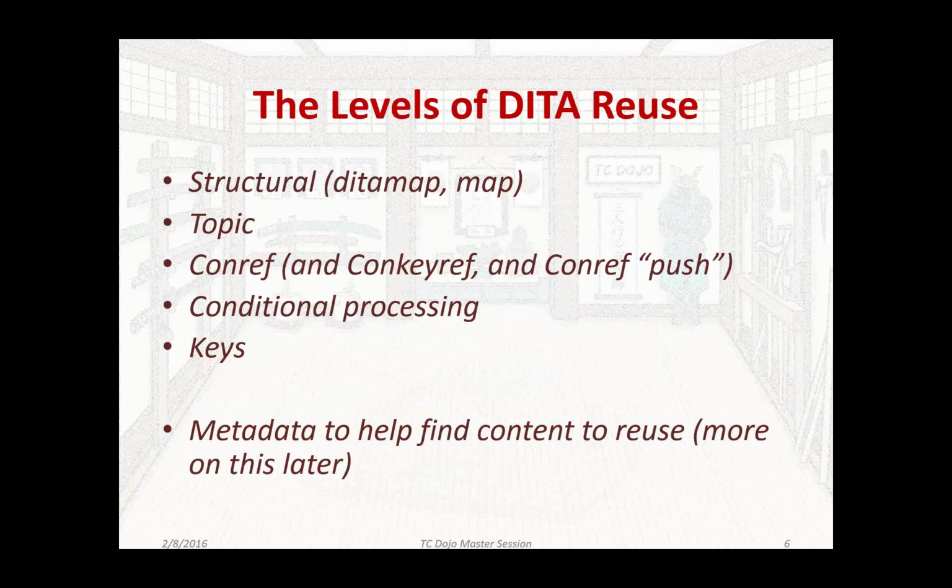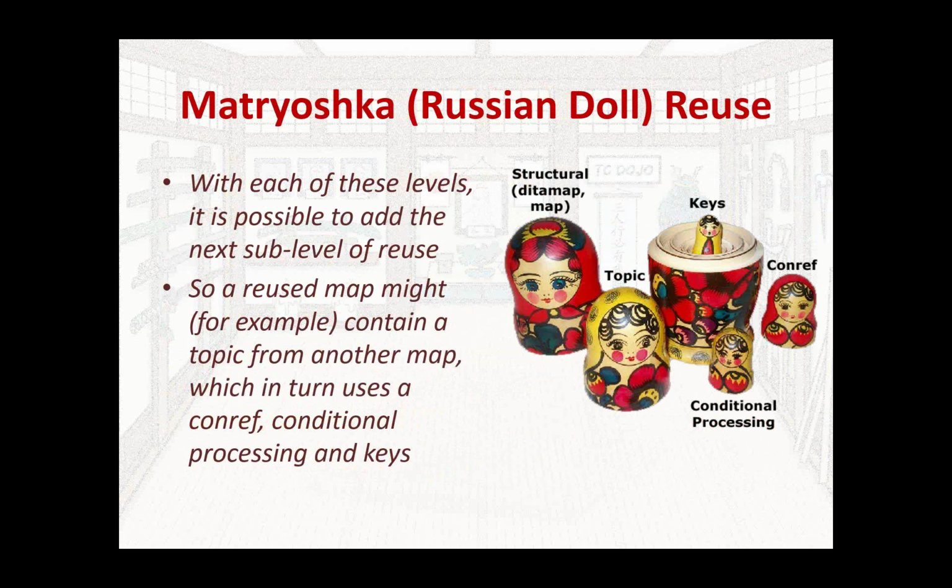So I like to think of DITA content reuse as essentially being something like a matryoshka, a Russian doll, where when it's done well, you have all of these nested dolls, so to speak, where you're using keys that are contained within files which are using DITA-val, which also use ConRefs that are contained within topics, and then at the outside, within DITA maps and maps.